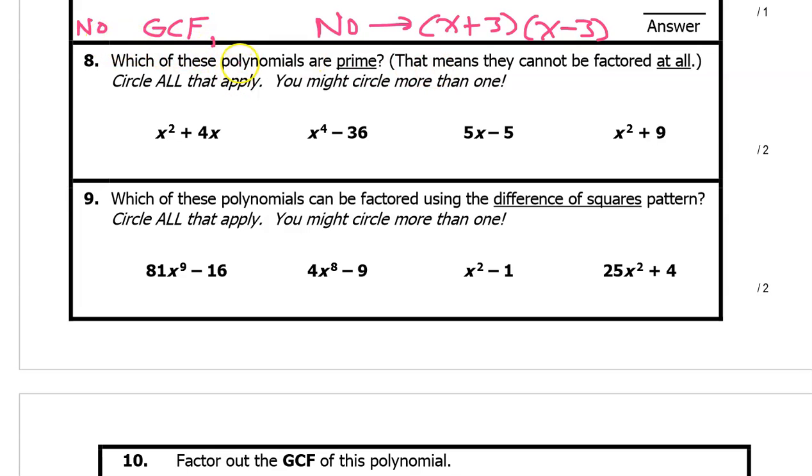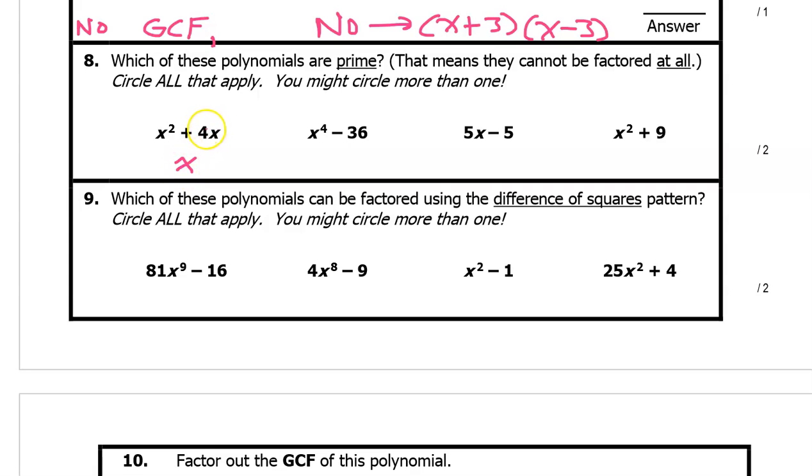The easiest thing to notice is a GCF. So let's start by eliminating all of the ones that have a GCF. For example, the first one, there's no number in common, but there is a variable in common. Both terms have x's. The smaller amount of x's is 1x. So this one has a GCF of x.